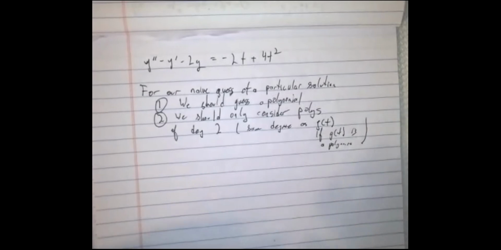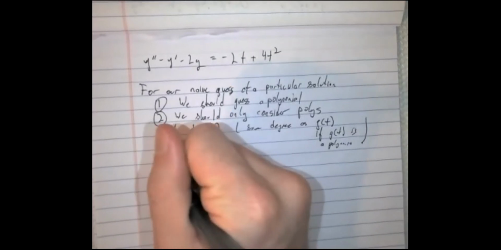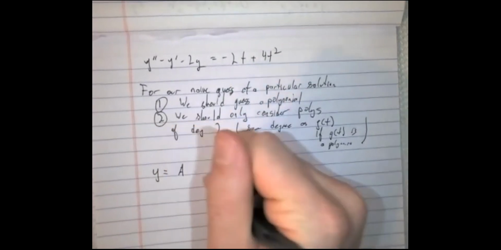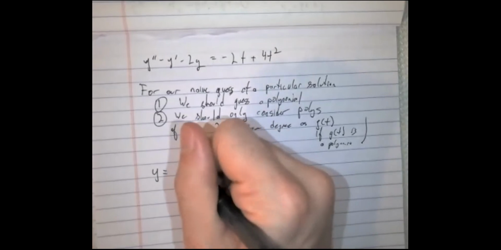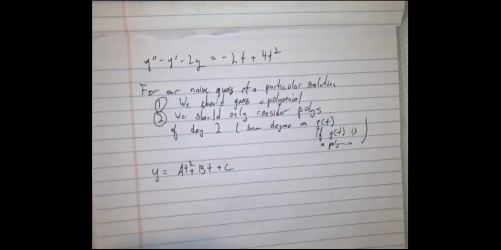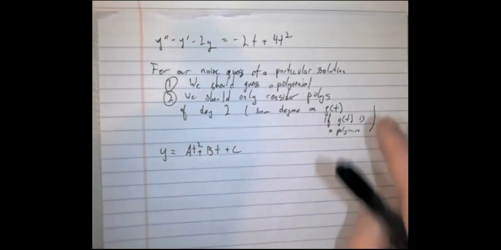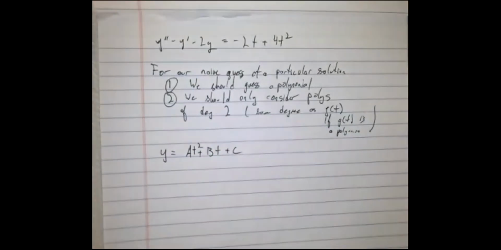In other words, what you should consider is a polynomial y equal to a t squared plus bt plus c. So I've helped you out on the guess, but why don't you find a specific solution to this differential equation now?